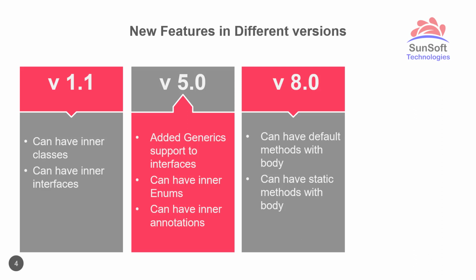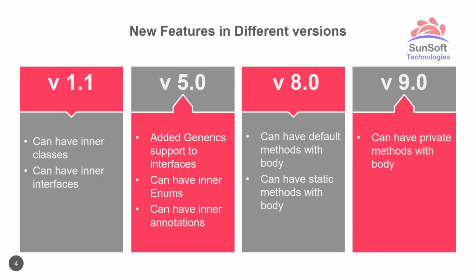Also, interfaces can have static methods with a body. So you now have two types of methods in version 8: default methods and static methods. Both of these keywords help you define the body for interface methods.